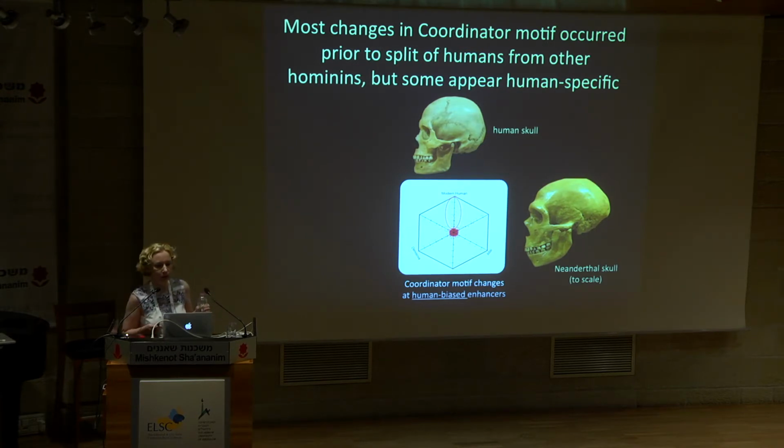But now with the Denisovan and Neanderthal genomes, we can do the same exercise using those ancestral genomes, and not surprisingly, we discovered that most coordinator changes that happened between human and chimp happened prior to the split of humans from Neanderthals. After all, we're 10 times closer to Neanderthals than we are to chimps.